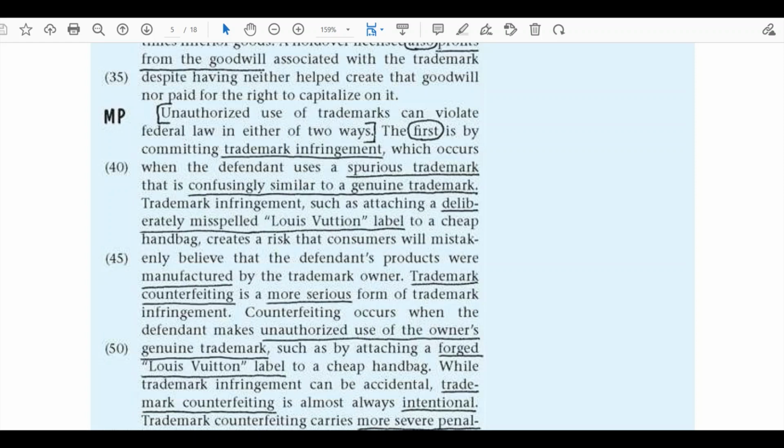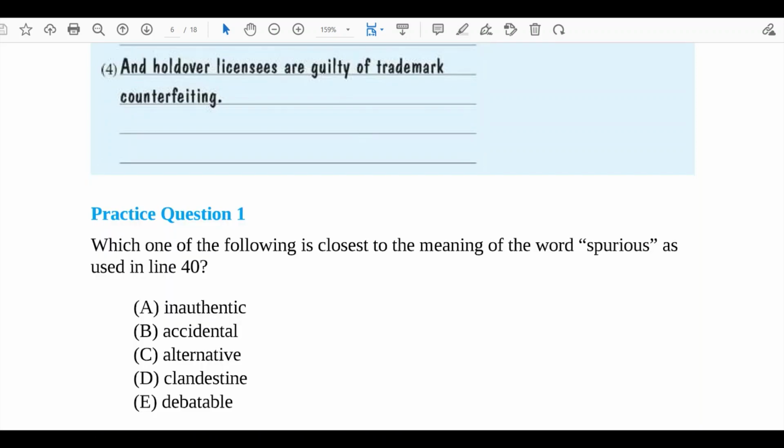As the example of the deliberately misspelled Louis Vuitton label illustrates, you are looking for an answer choice that captures the idea that a spurious trademark is a knockoff or an imposter. So, therefore, the correct answer is choice A, inauthentic. That's the correct version.